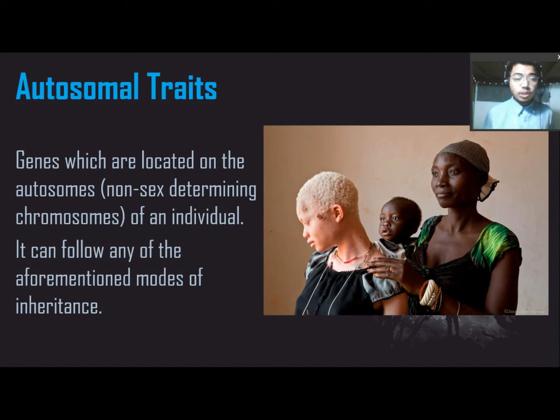Chromosomes 1 to 22 determine the different characteristics in our body that are not sex related. Okay? Or not related with the different hormones, the different characteristics that give us that masculine or feminine physique. It can actually follow any of the aforementioned modes of inheritance.